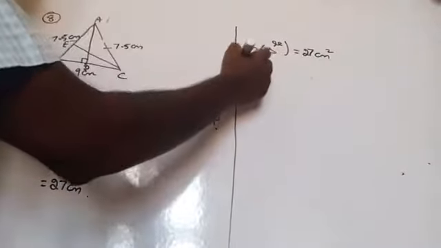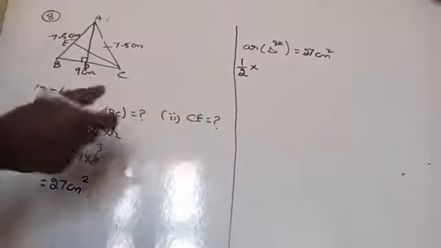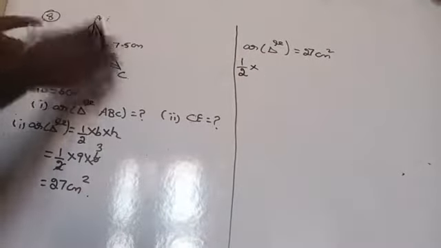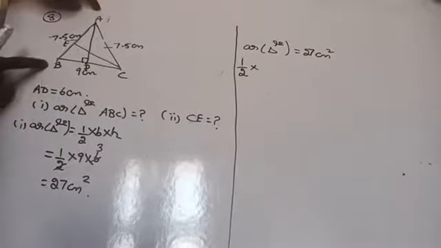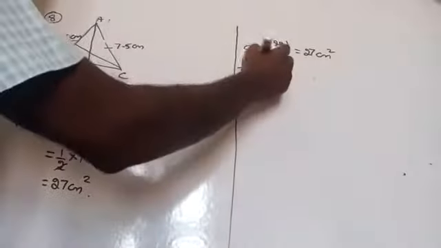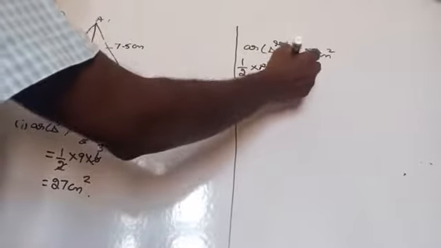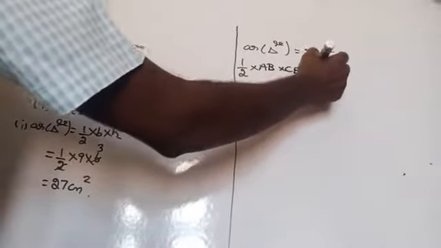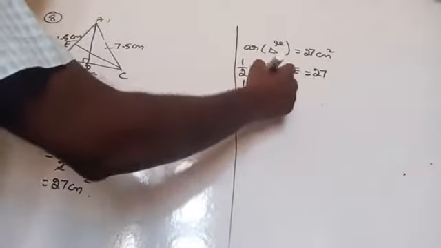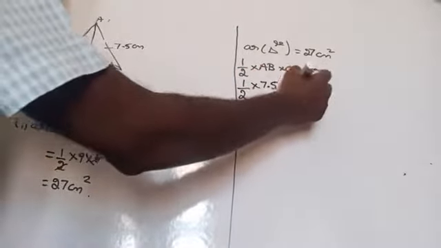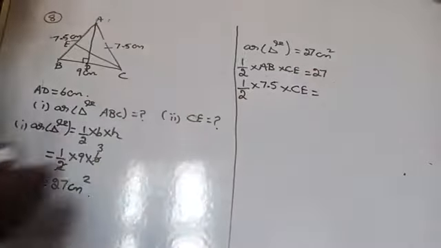So half into base into height. Now we are going to find the height CE. So consider AB as the base here. So half into AB, perpendicular is what? CE, which is equal to 27. So half into AB is nothing but 7.5, into, we don't know the perpendicular CE. That's what we are going to find.